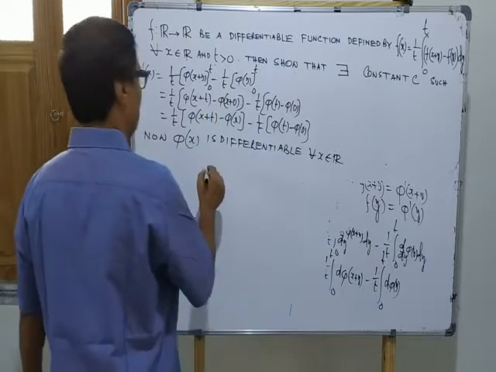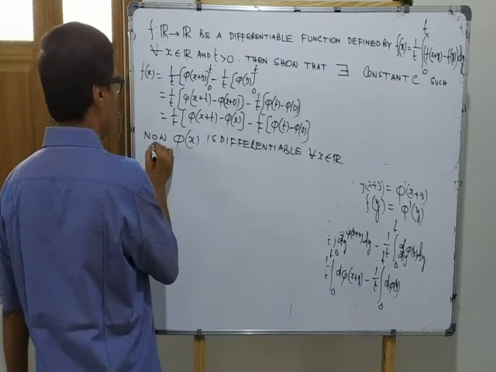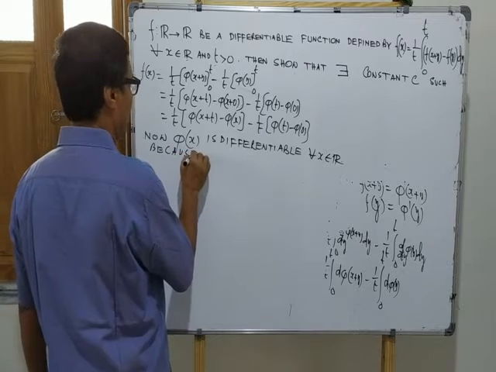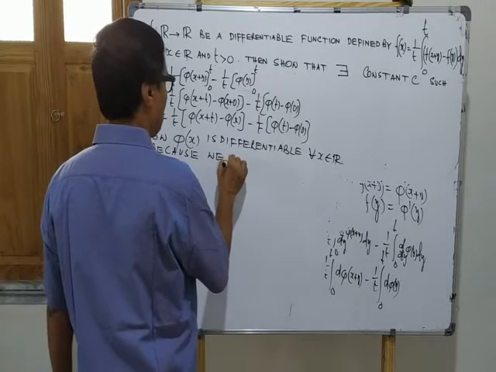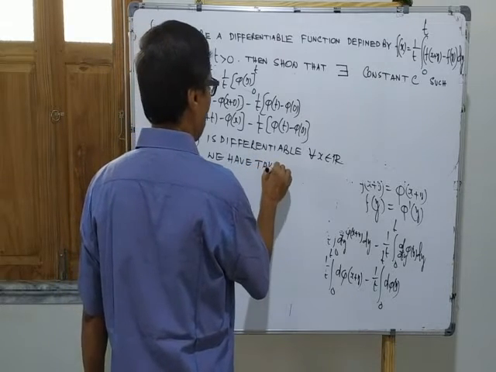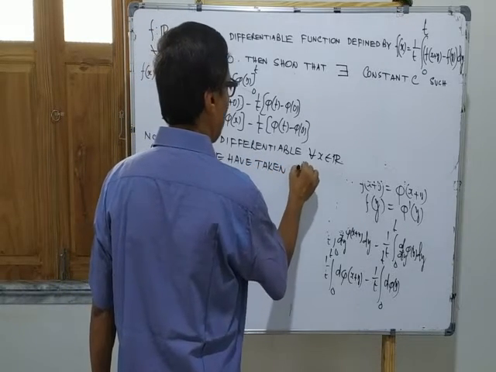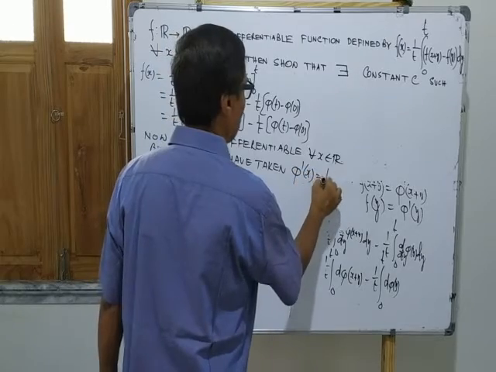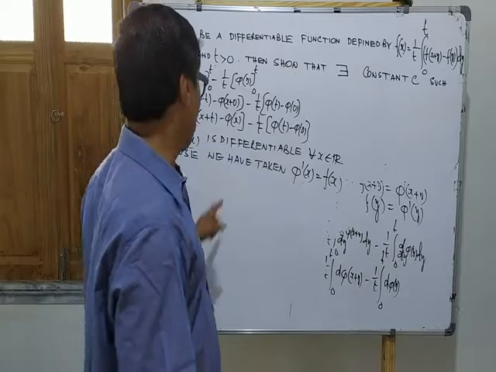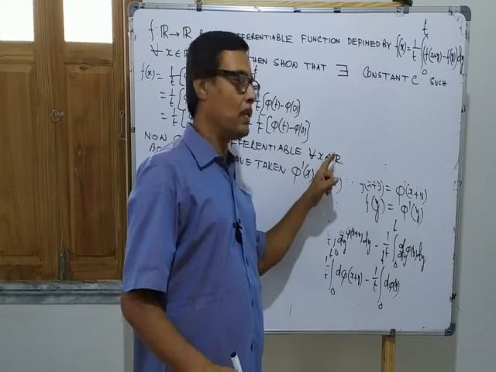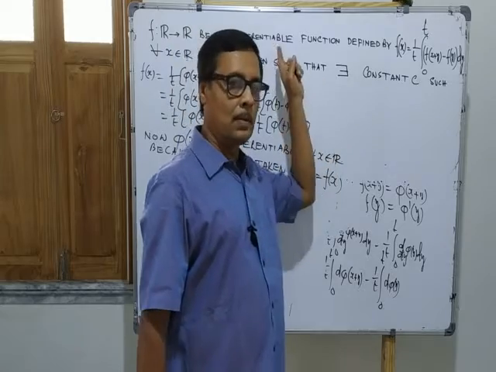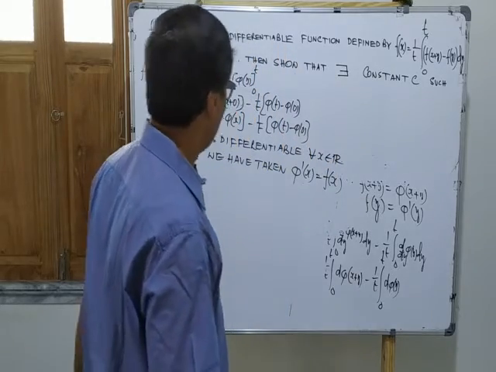That is, we have taken phi dot x equal to f(x). So phi(x) is differentiable for all x in the set of real numbers, that is, on the entire domain.